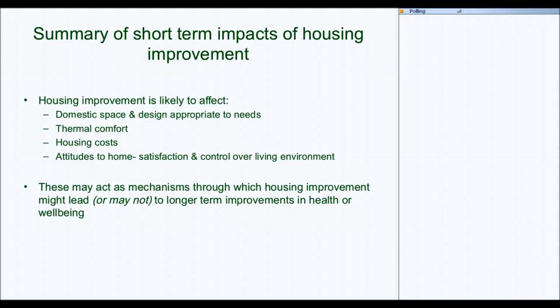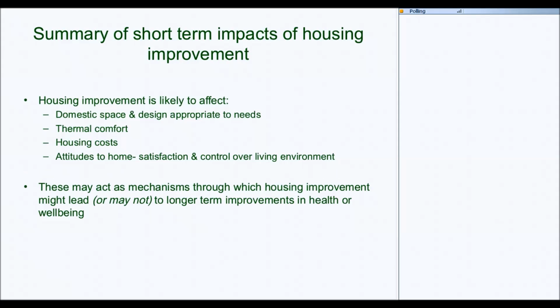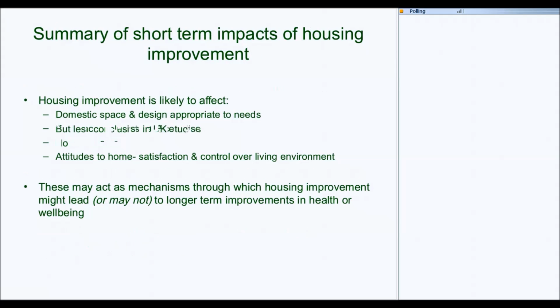The greatest potential for health improvement is where the improvements are targeted at those with most need in terms of health and housing. And in terms of the area-based programmes, it's very difficult to tease out health effects from there, and I think it's because the interventions themselves are quite diffuse.